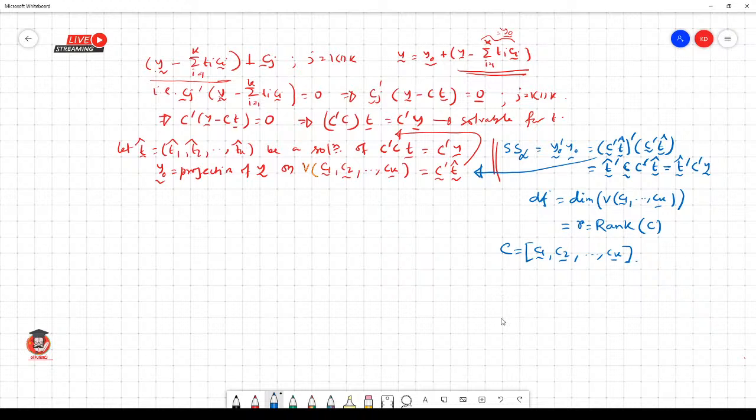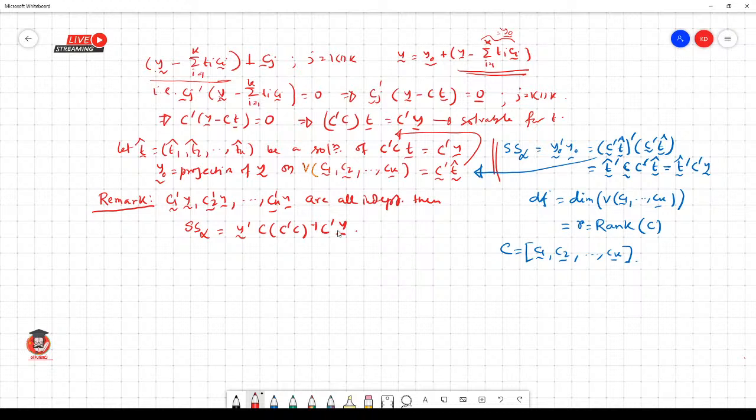Now remark: if C1 curl prime y curl, C2 curl prime y curl, ..., Ck curl prime y curl are all independent, then SS due to script V is nothing but y curl prime C, C prime C inverse, C prime y curl.